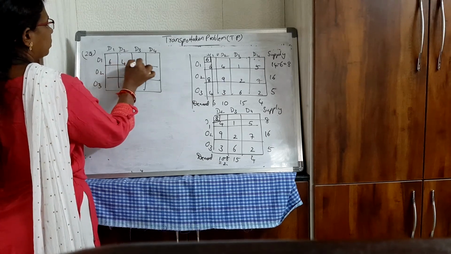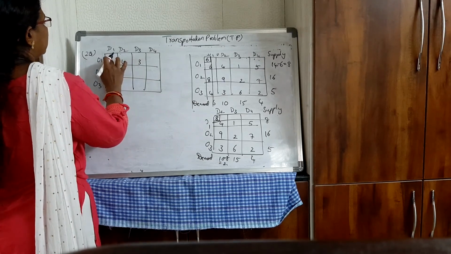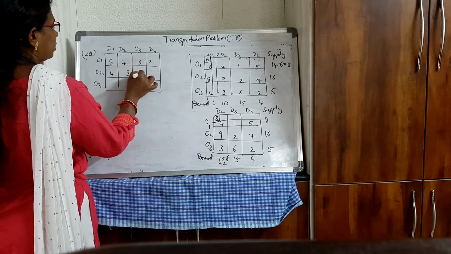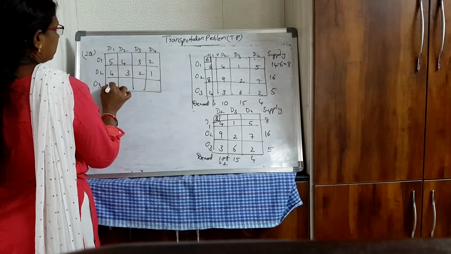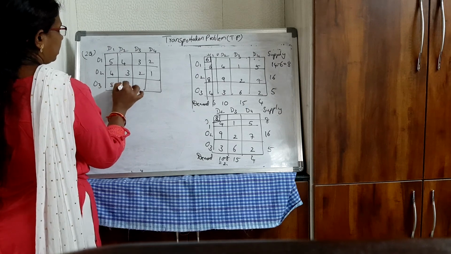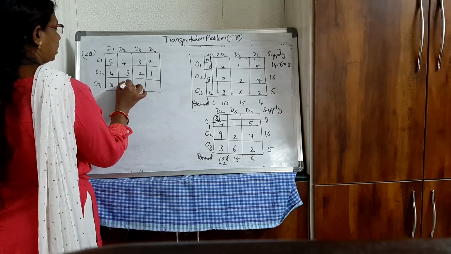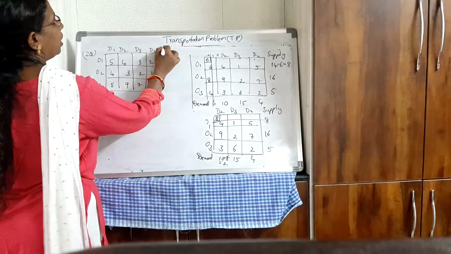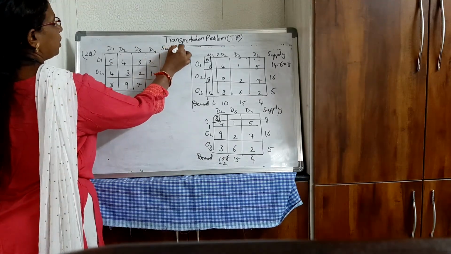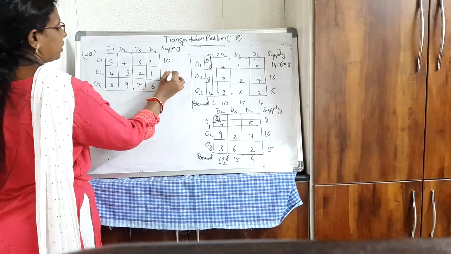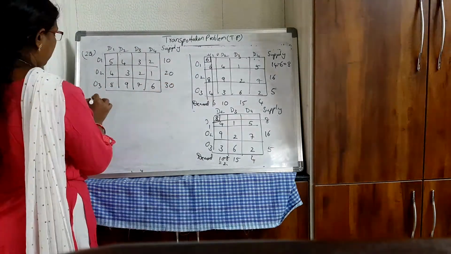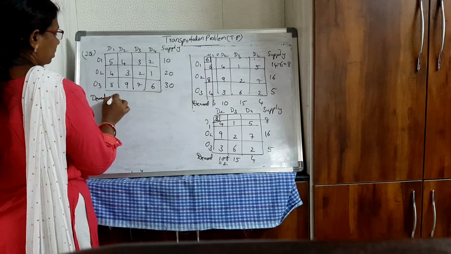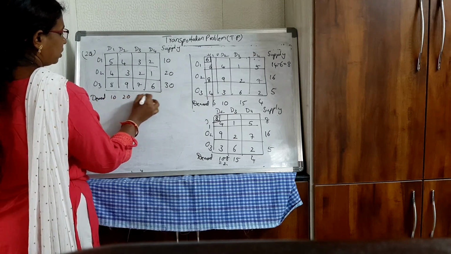So I have 6, 4, 3, 5, 4, 3, 2, 4, 3, 2, 1, 8, 9, 7, 6. Suppose I have values like this, and here the supply is given as 10, 20, 30, and here demand is given as 10, 20, 30 and 40.